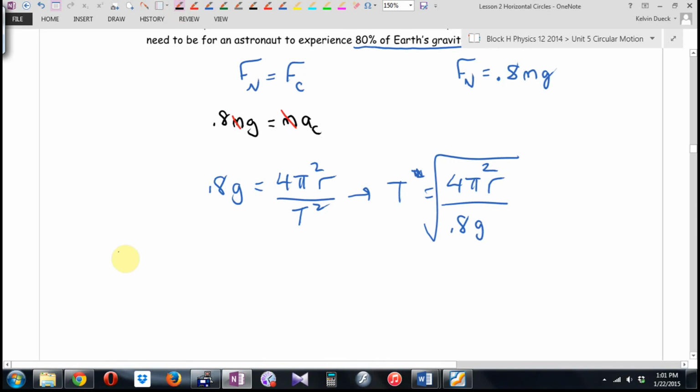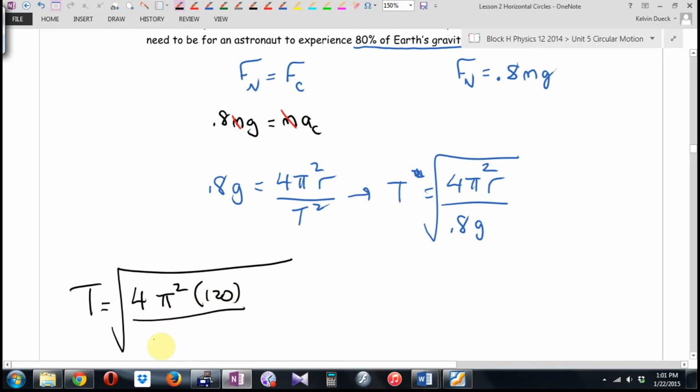The period of rotation for this space station is going to be the square root of 4 pi squared times r. What did I say r was? 120, yep. Divided by 80% of 9.8. This space station would have to rotate every how many seconds?